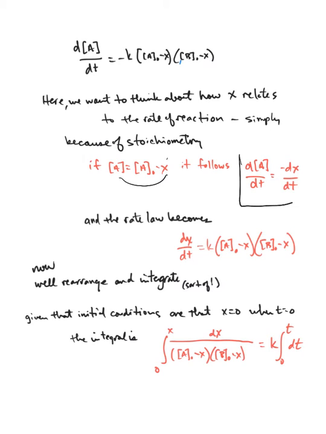And so this expression becomes true. The change in A over time, remember that's going to be a decreasing number, is going to be the amount of x that reacts, this is a positive number, multiplied by a negative 1 is going to be exactly the same. So this expression here is represented in a differential form over there.